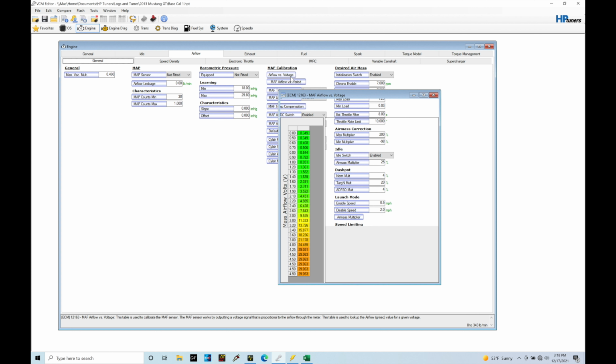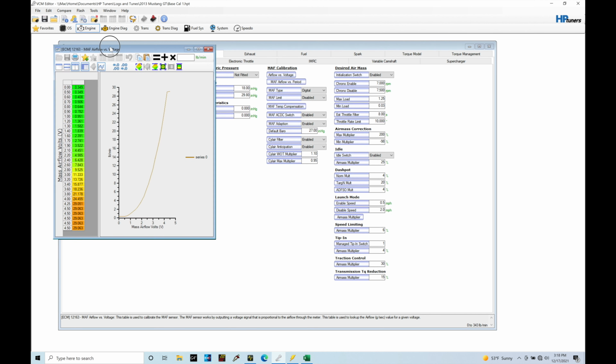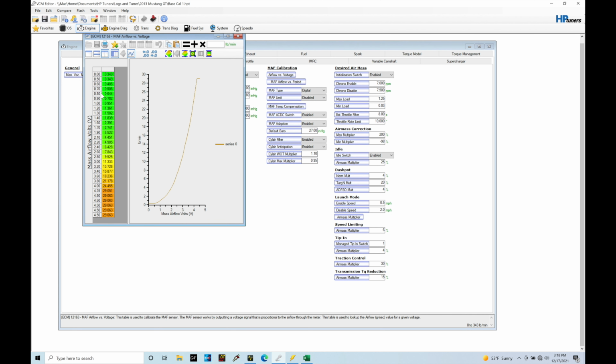If we take a look here at airflow versus voltage, you can see exactly what I mean. At something like a low voltage, 0.8 volts, we are saying here this would be 0.644 pound per minute worth of airflow. Let's change this over to grams per second. Find it a little bit easier to take a look in units of grams per second. So in this case, 0.8 in our voltage would be associated with 4.87 grams per second. If we look at a higher voltage, 4 volt, this would be 184.87 grams per second.